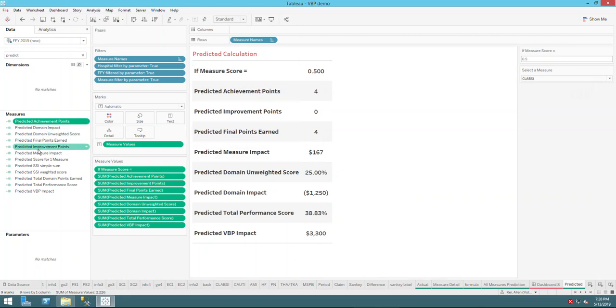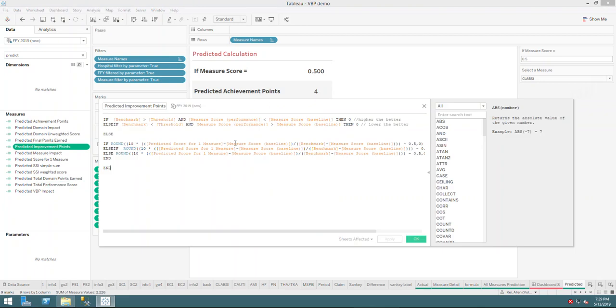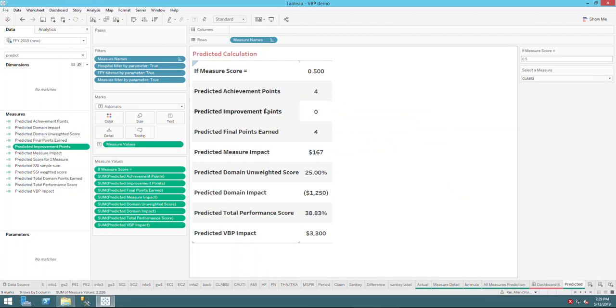So that's the achievement points, and then the improvement points is just comparing with the baseline. After you calculate the two points, the final points for this specific measure is whichever is highest from these two. Again, this is comparing with the top 10% of hospitals.